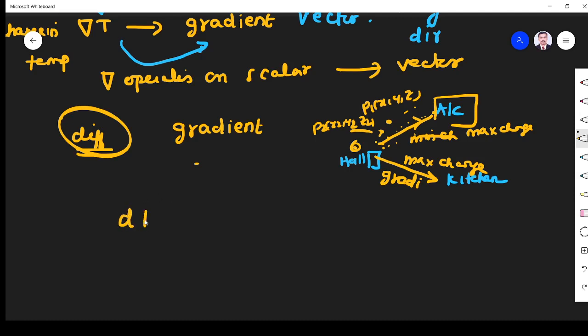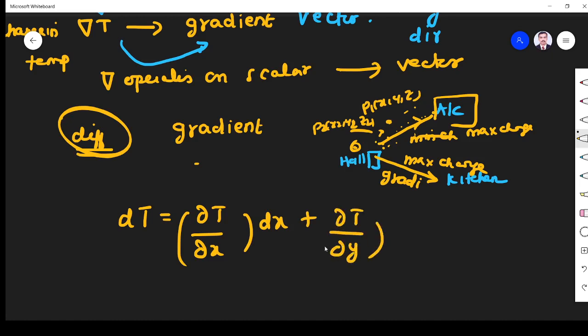We know that the temperature change is given by dT = ∂T/∂x dx + ∂T/∂y dy + ∂T/∂z dz. It is a partial derivative theorem.